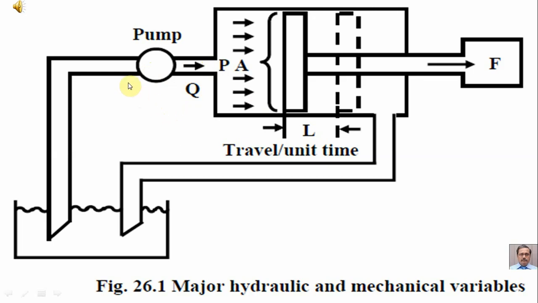In this diagram, we can see that the pump is giving rise to flow of the fluid Q and generating a pressure P. This pressure P is being applied on the area of cross section capital A. P multiplied by capital A is the force, and this force is being experienced by this member or the piston.